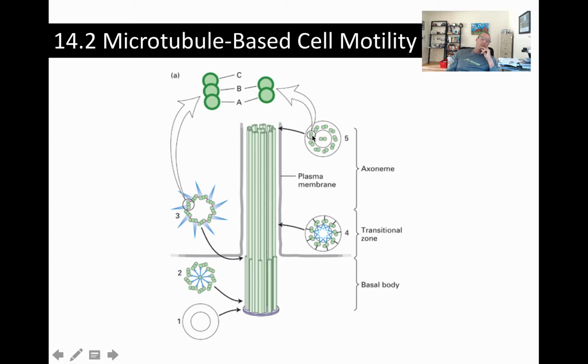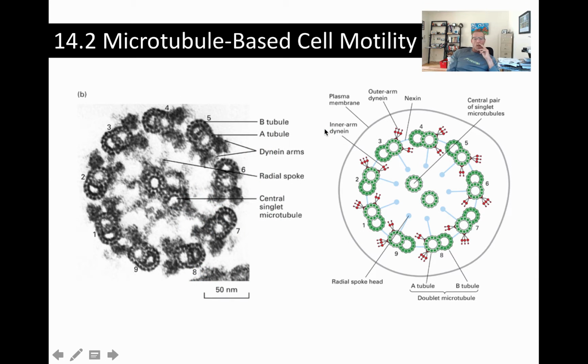This is a characteristic of 1 pair, 2, 3, 4, 5, 6, 7, 8, 9 outer pairs, and an inner doublet. This is called the characteristic 9+2 arrangement that you see in the axonemes of flagella and cilia. Here it's a little bit clearer to see the 9+2 arrangement: 1, 2, 3, 4, 5, 6, 7, 8, 9.